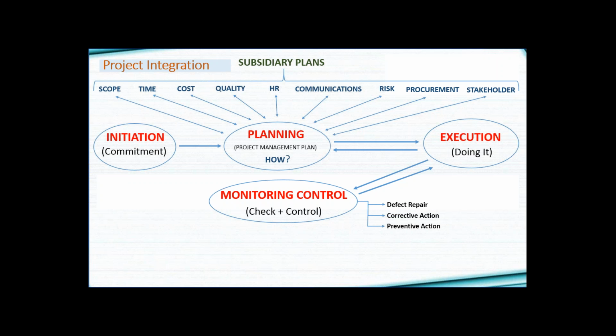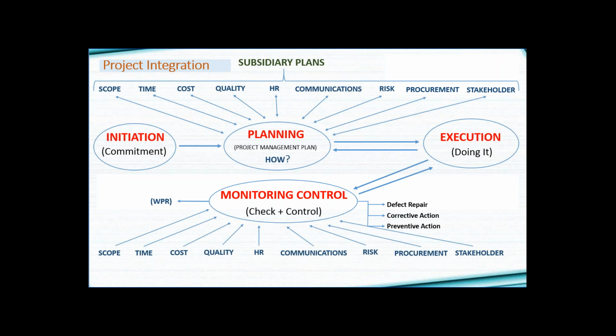And you can see that while monitoring and control, there can be three types of actions: defect repair, corrective action, and preventive action. And monitoring and control also results in communicating the work performance report to the stakeholders. You can see where this process is getting its inputs from: after doing a scope control.